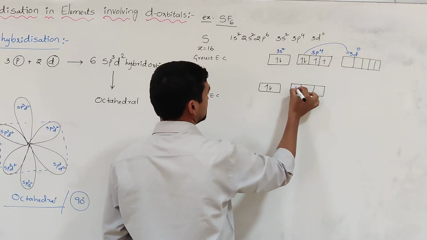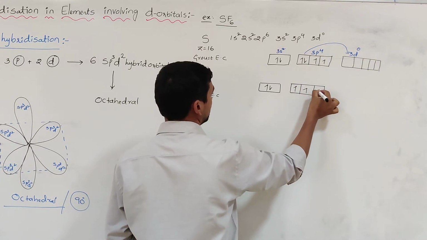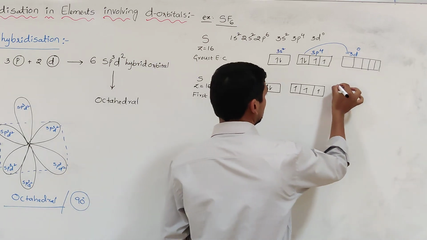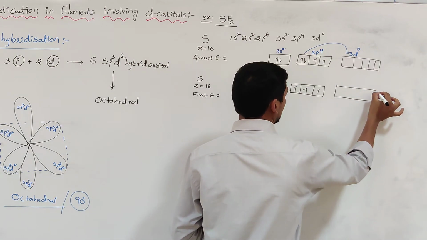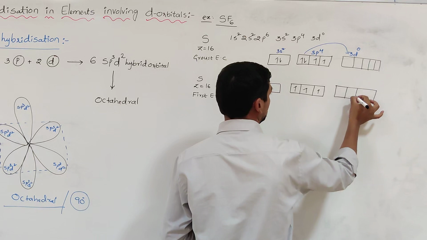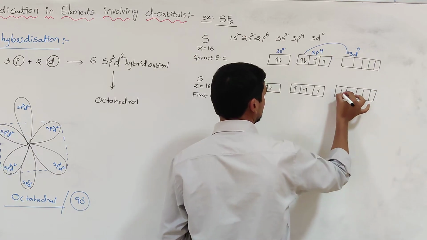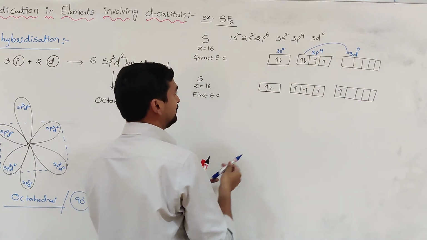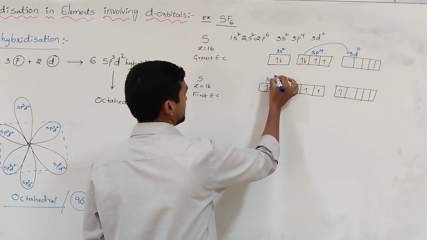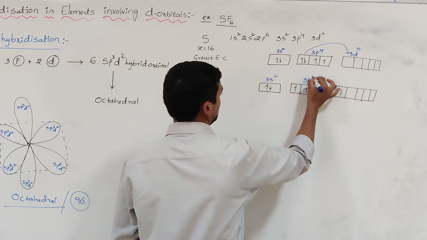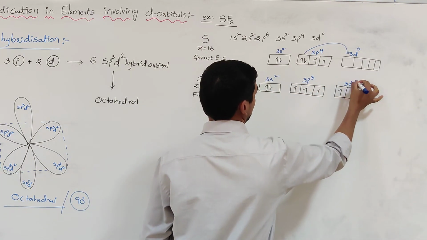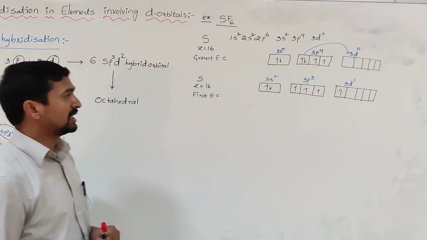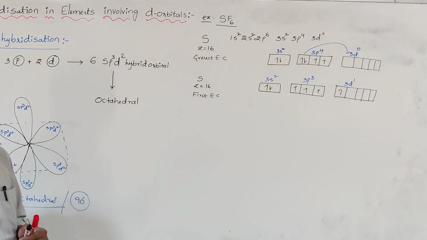Here one electron is promoted, so each p orbital contains one electron, no paired electron. And in the 3d orbitals, one of the orbitals accommodates one electron. So the configuration becomes 3s2, 3p3, 3d1. The first excited state electronic configuration also cannot account for the covalency of sulfur, that is 6.